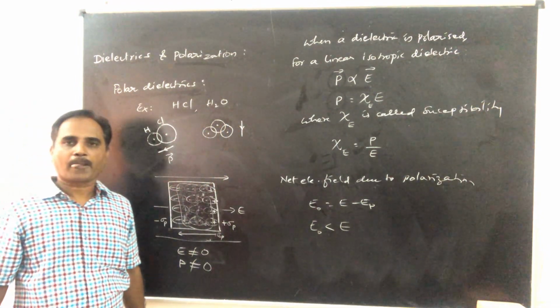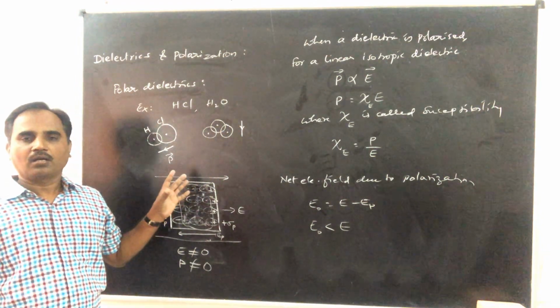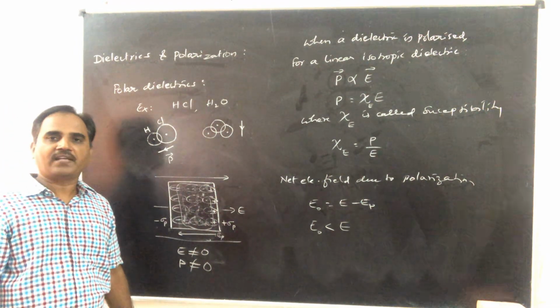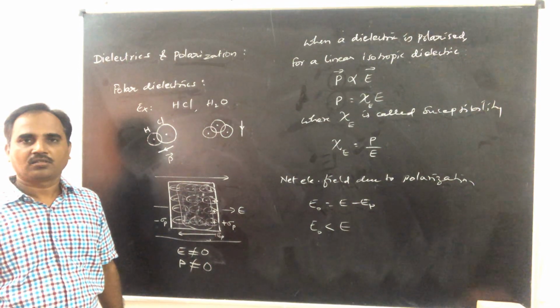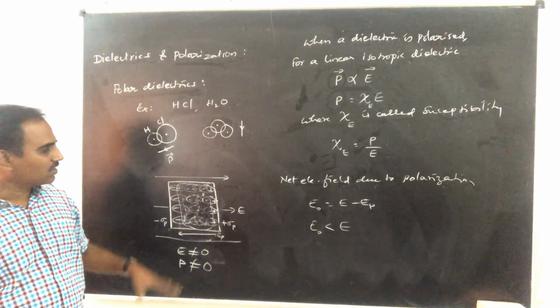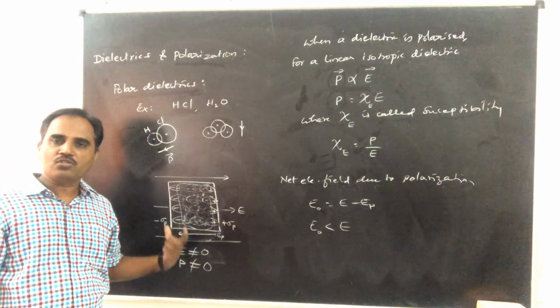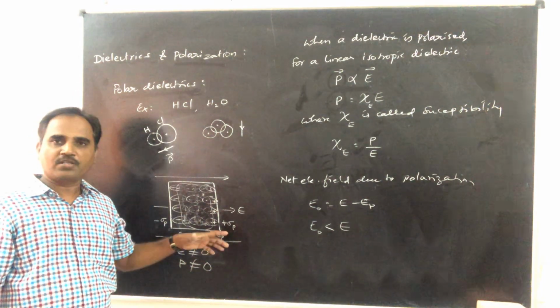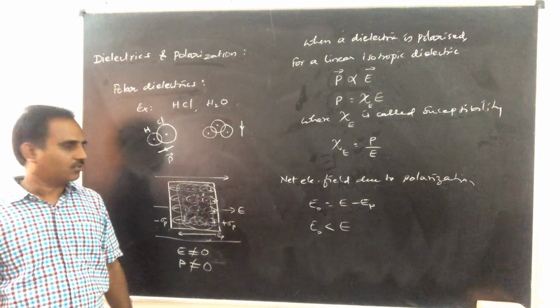That means whenever a dielectric is polarized, it decreases the net external electric field. So you have to remember this point, because this concept is used in the working of capacitors. This concept is used in the working of capacitors.